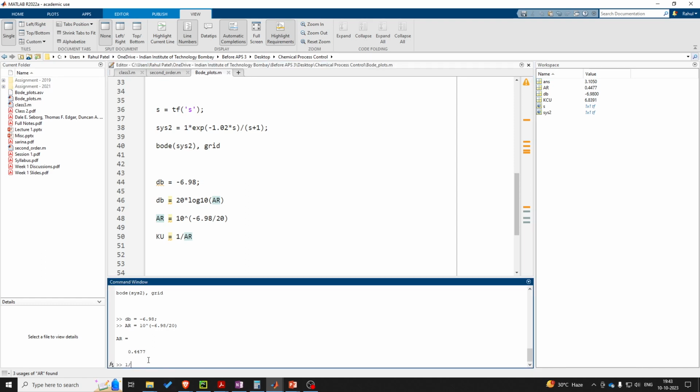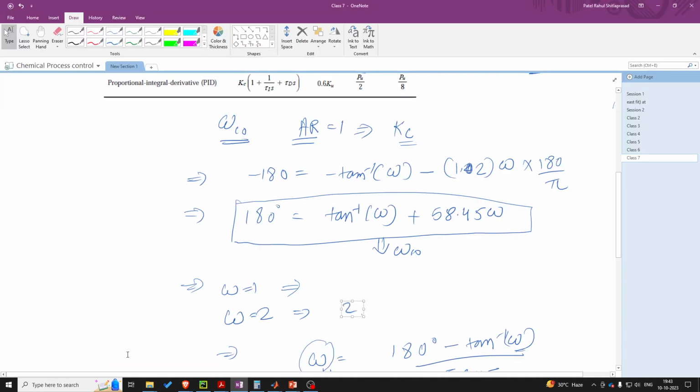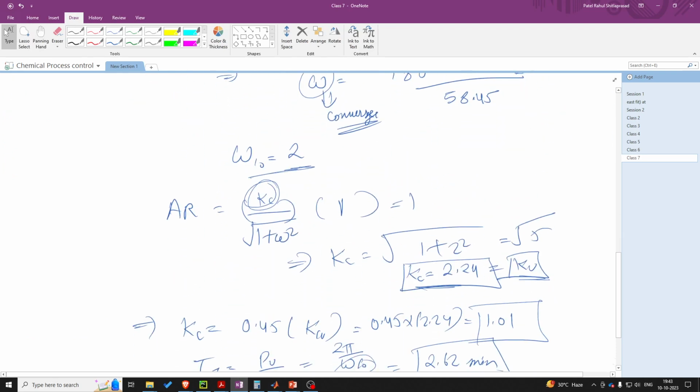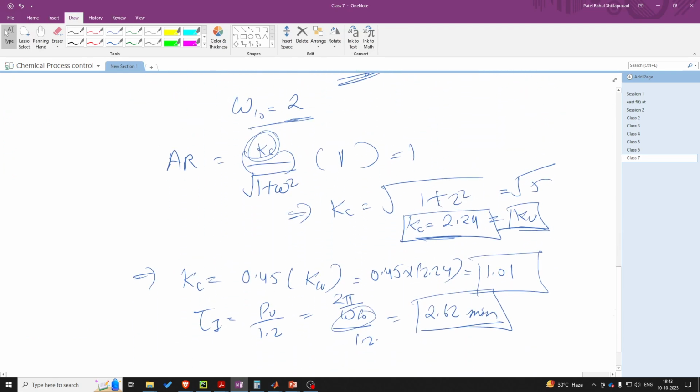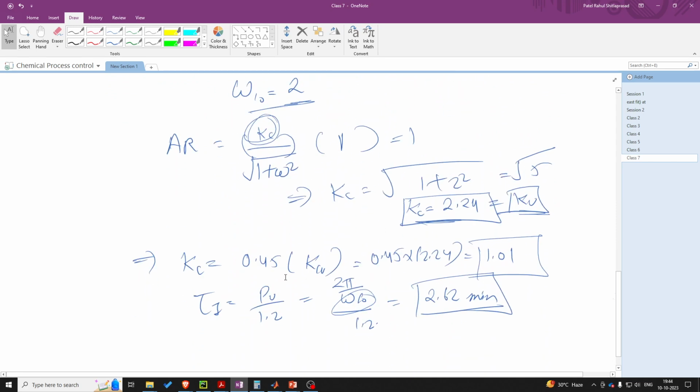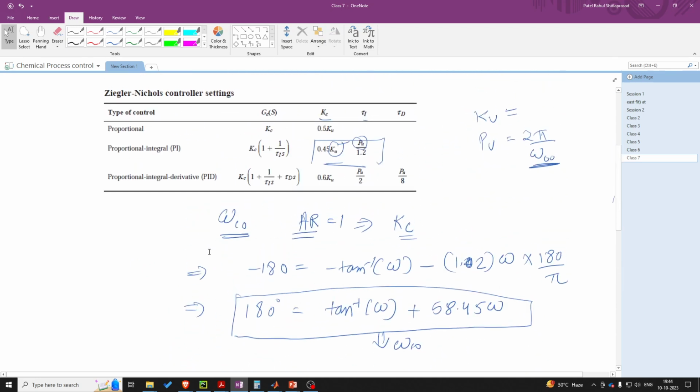So it will become 1 divided by AR, which will come around 2.23 or 2.2336, that is ultimately 2.24. So that is what we had found from the formula also. So it is around 2.24. Using this value of Kc and omega c0, we calculated the controller parameters.